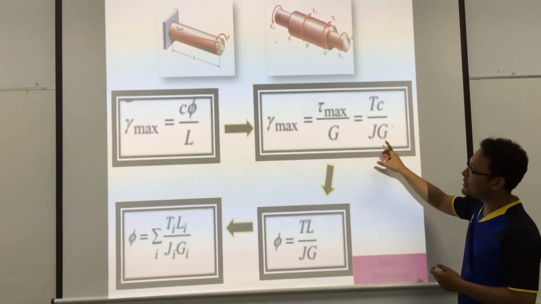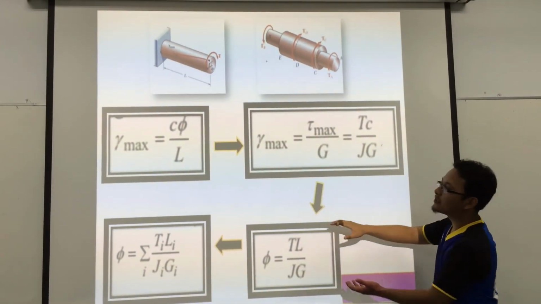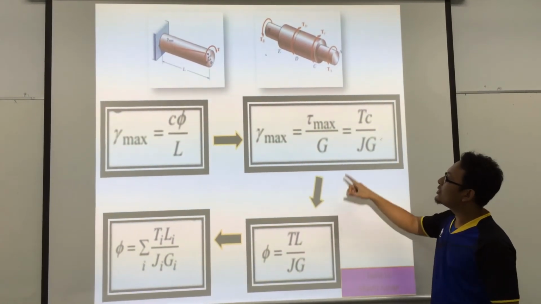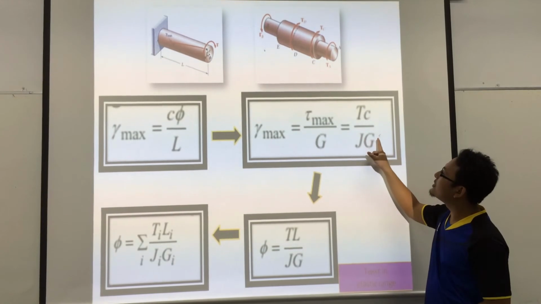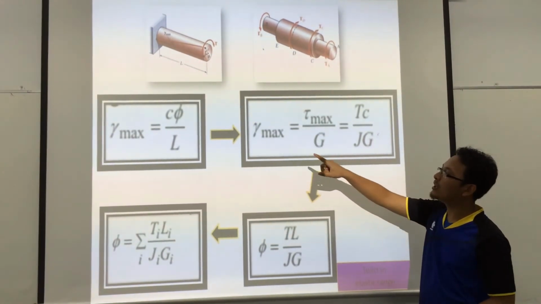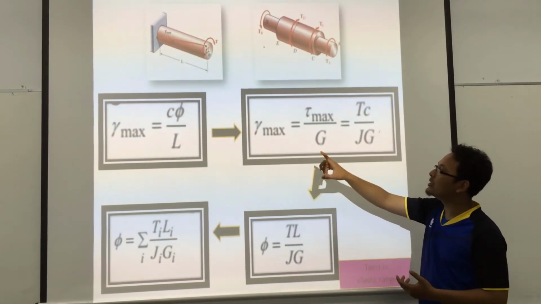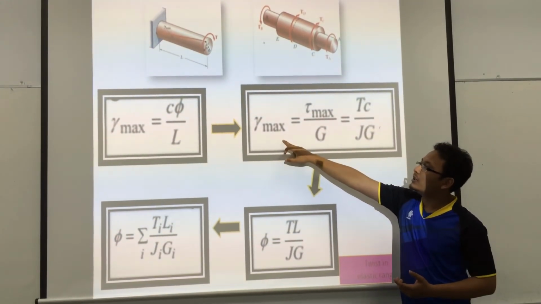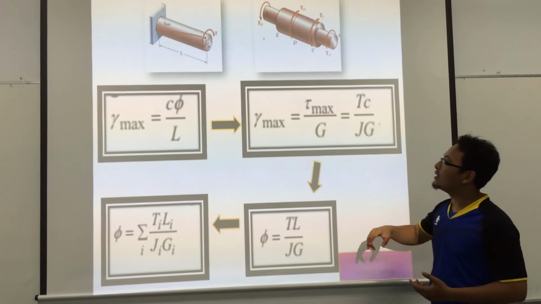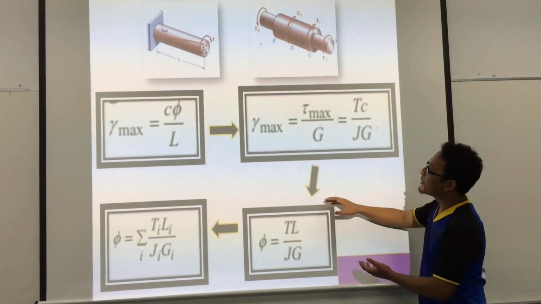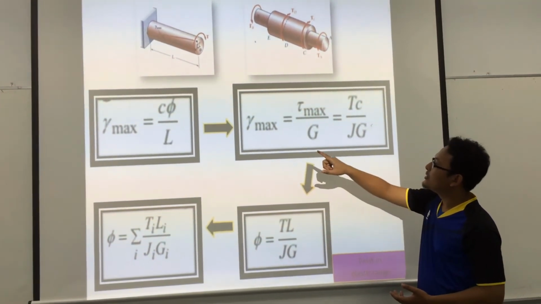From this formula, we can make it into this formula. We also know that TC over JG is equal to C times angle of twist over L, as that formula is equal to shear strain.